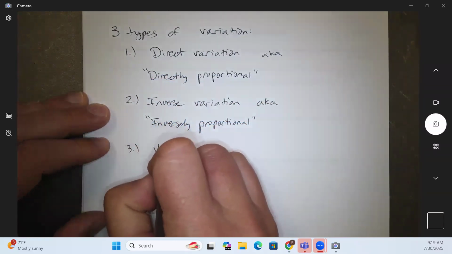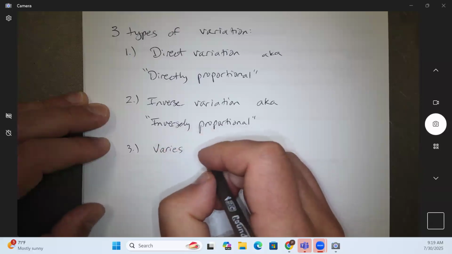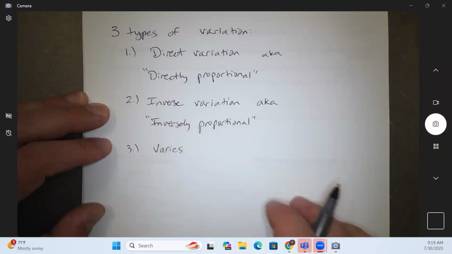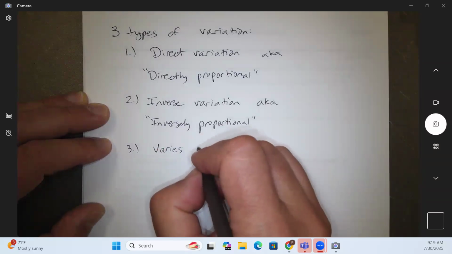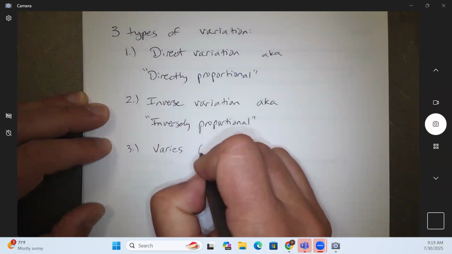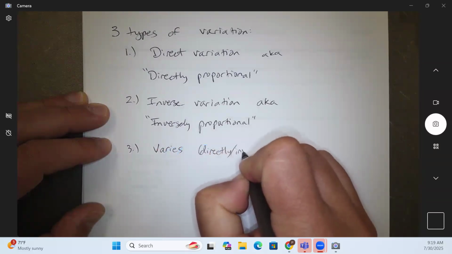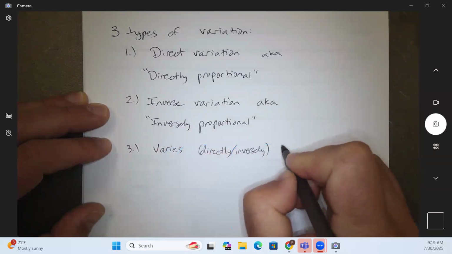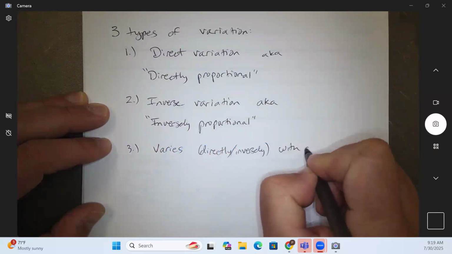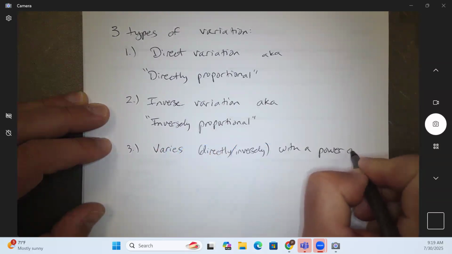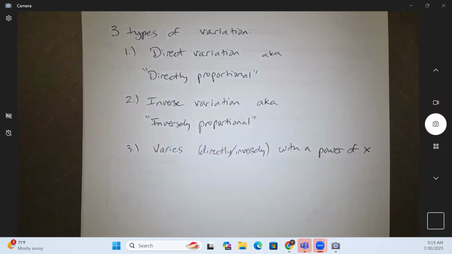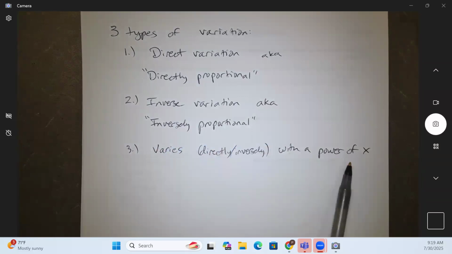And the third is varies, it could be directly or inversely with a power of x, with the power of the input. So this is the most general type of variation.